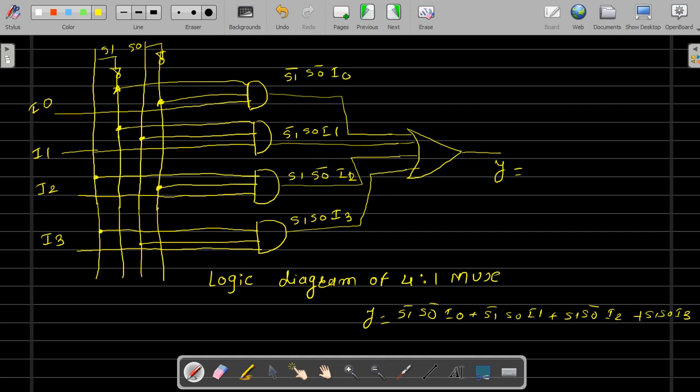Here, as they did not mention how many inputs the gates may have, there is no restriction, so I am free to use any number of inputs on my basic gates. Here you can see I have used 3 inputs for each AND gate and a 4 input OR gate. If constraints are given, like only a 2 input OR gate and 2 input AND gate can be used, the logic diagram definitely changes accordingly. Here no such restriction is given, so I am free to draw any.